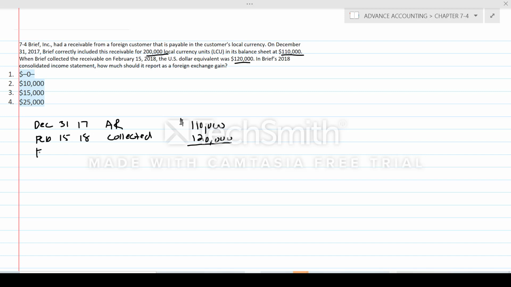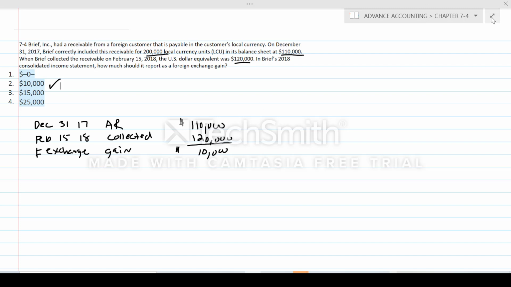So that's going to give you a foreign exchange gain of $10,000. So the answer is 2. So the $110,000 was the original accounts receivable, and $120,000 when it was collected.